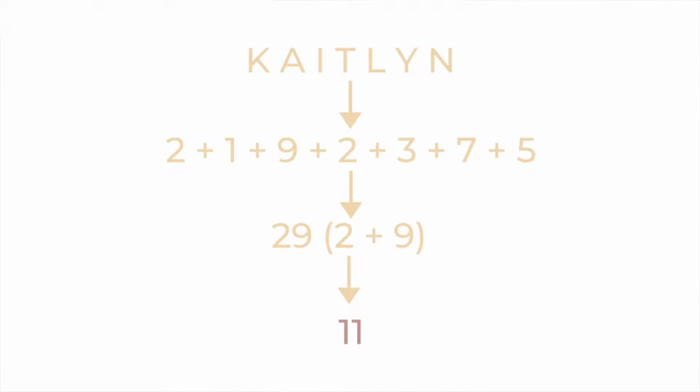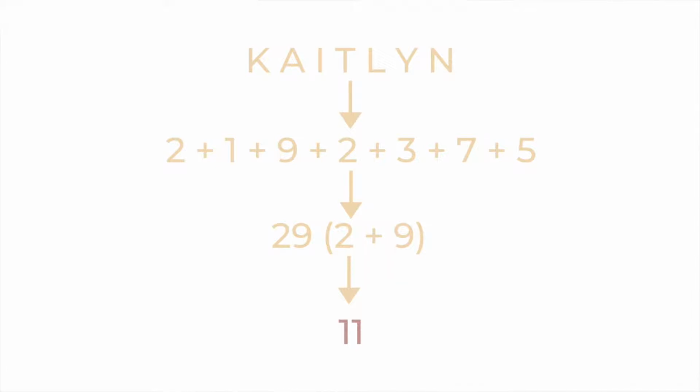If we end up with a 2-digit number, and that 2-digit number is not an 11, 22, or 33, then we take that number and we add those digits together again so that we either get a master number or a single digit. For example, my first name is Caitlin, and so converting that into numbers, you get 2 plus 1 plus 9 plus 2 plus 3 plus 7 plus 5.